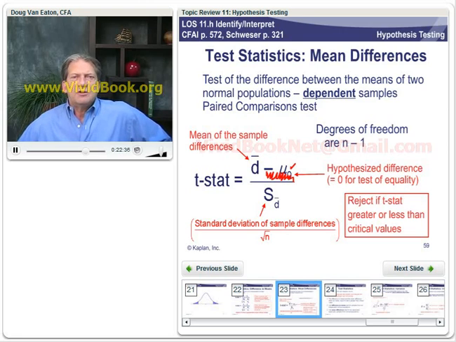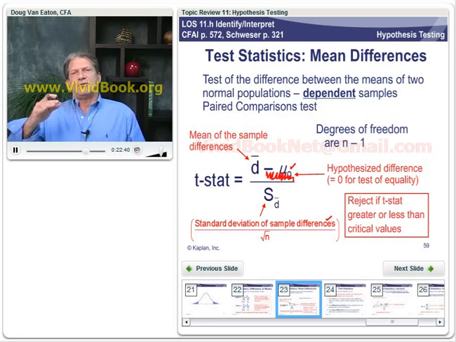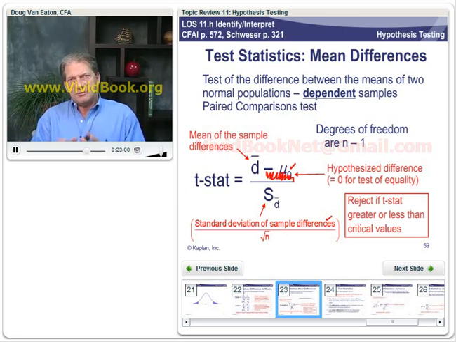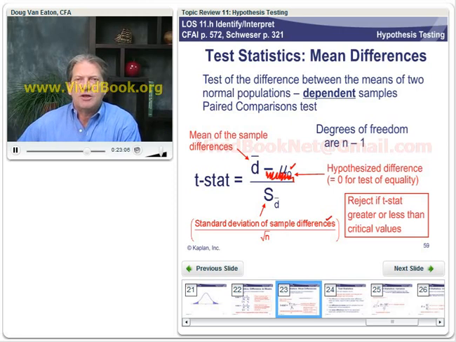And what's in the denominator? Well, our standard deviation of all 60 differences. So that's the individual sample standard deviation. But now we're taking the mean of all 60 differences, so we need to divide by the square root of 60. Because that mean of 60 differences is much less volatile, right? Much closer to the true mean, less sampling error because of our large sample size of 60.